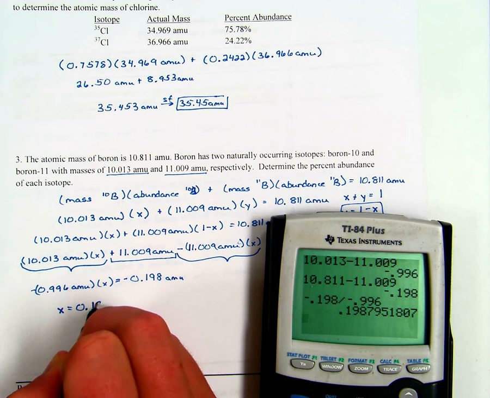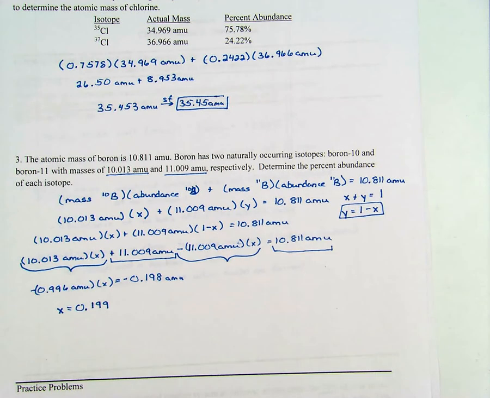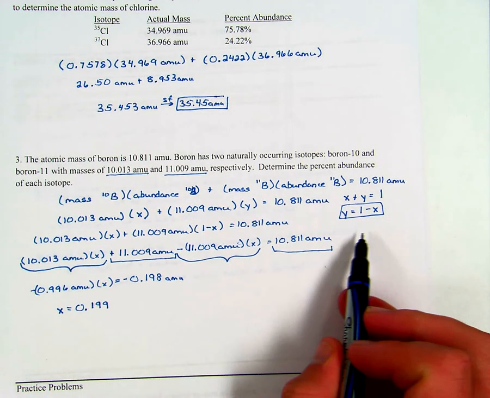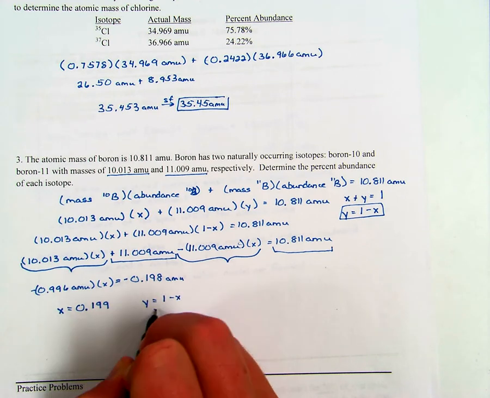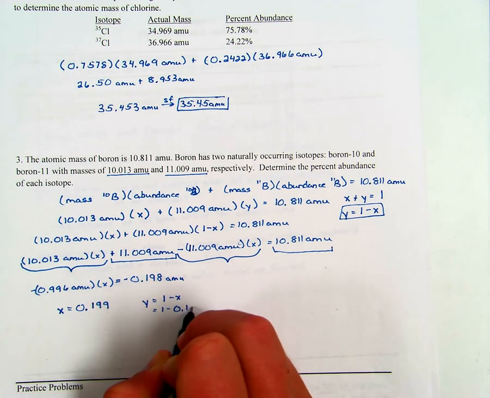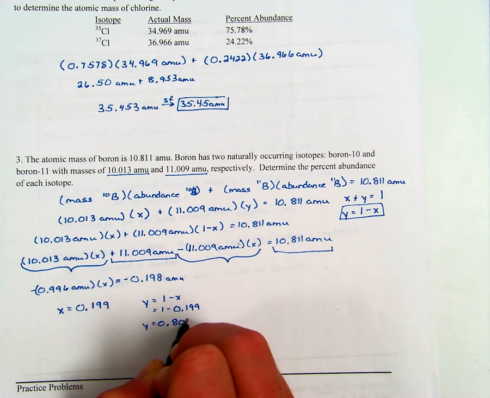If I think about what I said at the beginning, I know that y equals 1 minus x. So y equals 1 minus x, which is equal to 1 minus 0.199. So y is equal to 0.801. That's what that is. Now we're not quite done yet. We still need to actually get the abundances here. I need to go back and look.